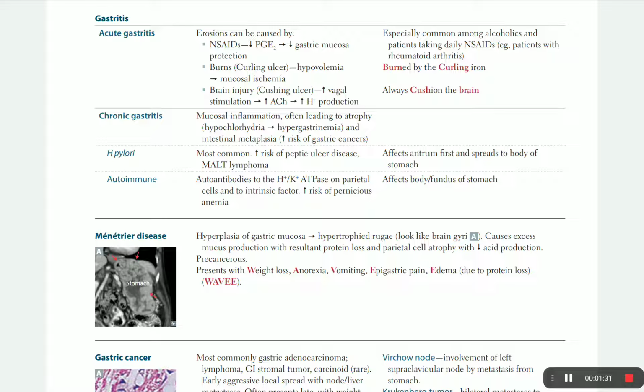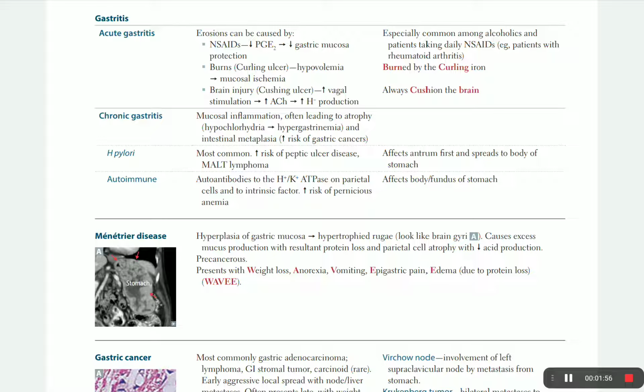Also increasing the HCl causes erosion of the stomach. So we have a balance between the mucosa and the HCl secretion, because the HCl keeps digesting the mucosa all the time. So we have a balance on increasing the mucosal protection.